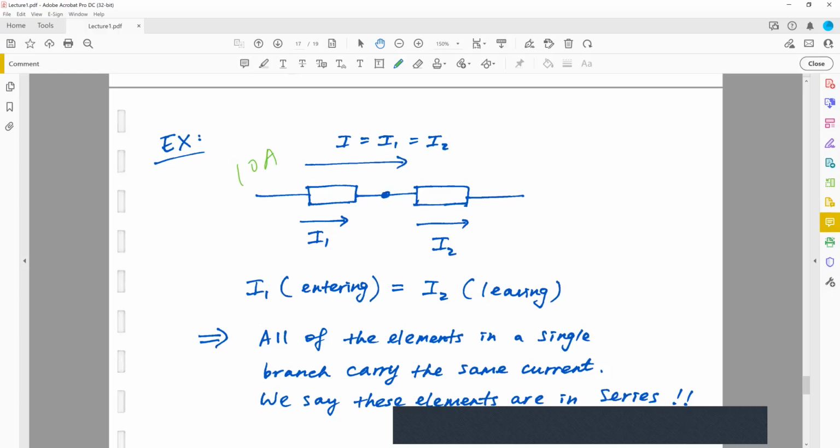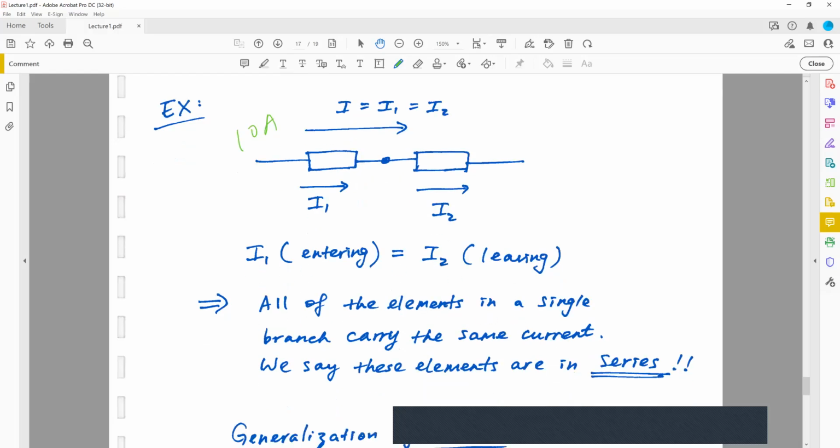Current I1 entering this node has to be current I2 leaving the node. So from using KCL, you can conclude I1 and I2 have to be the same, right? So all of the elements in a single branch carry the same current. You know these two elements are in series, but alternatively, you can also apply KCL to explain exactly the same phenomenon. Entering the node, leaving the node.